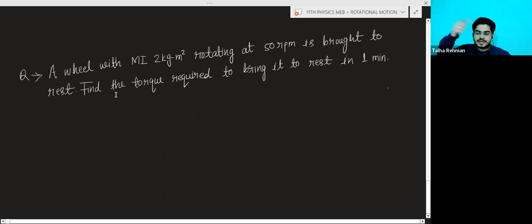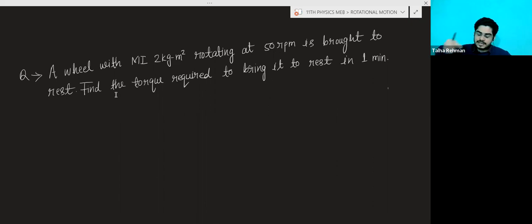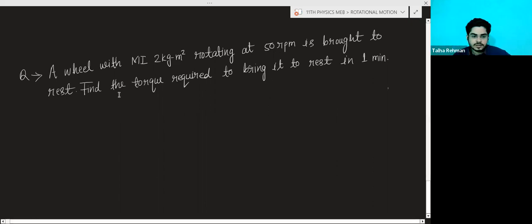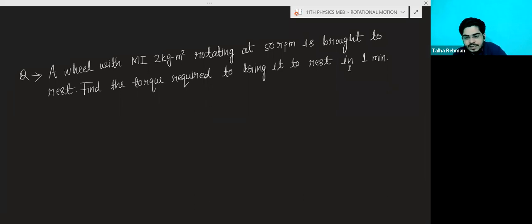Suppose the wheel is rotating like this and finally the wheel is at rest. They are asking to find the torque required to bring it to rest in 1 minute. Means if we want to stop that wheel in 1 minute, how much torque do we have to apply?